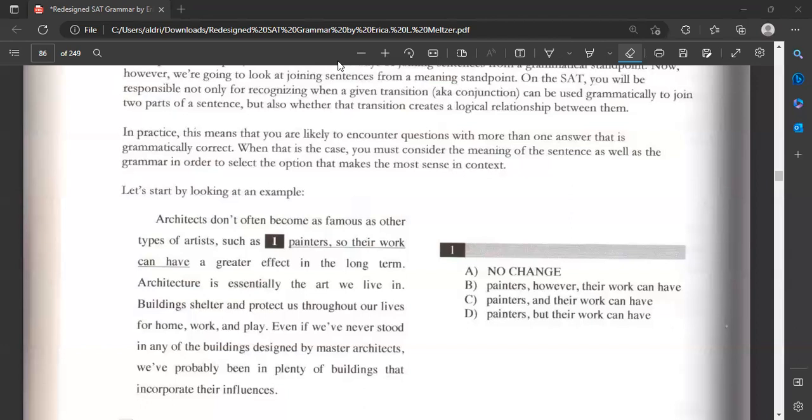Okay, so they're actually contradicting, right? So we had to use a word like but, for example, because in the long term they can have work with a greater effect even though they're not as famous as painters. But my question for you is why do you think B is wrong? You're onto something, so don't be scared. I just want to hear your thought process before I say something. So why do you think B is wrong?